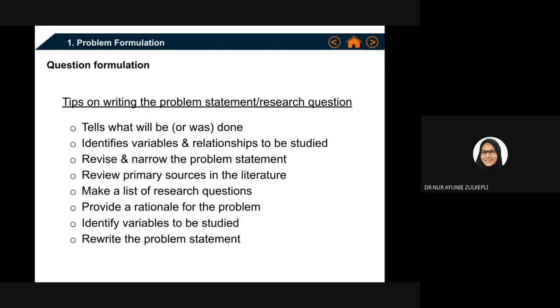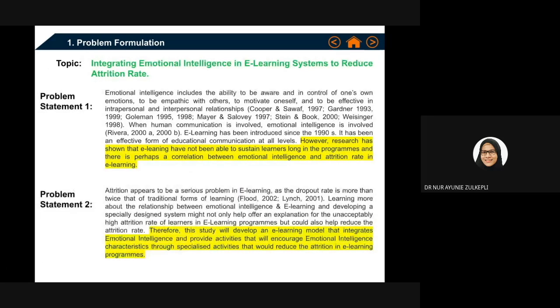You will question about the anti-inflammatory aspect, or you will question about what types of medicinal plant that you want to use, right? There are different types of questions. So you just need to research what is the best question for your literature review, and you have to provide rationale for the problem. You identify variable to be studied and rewrite the problem statement in a single sentence like that I gave you just now.